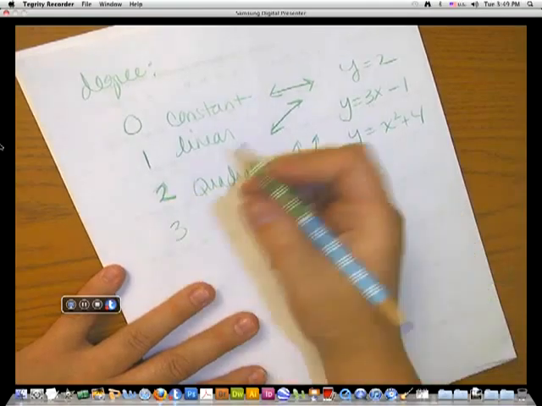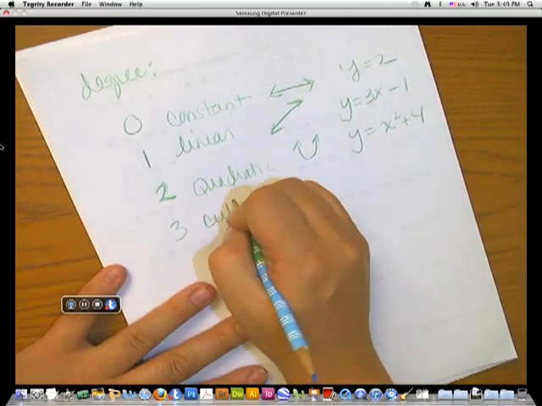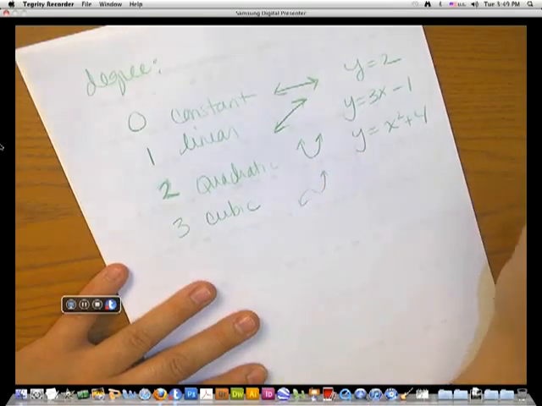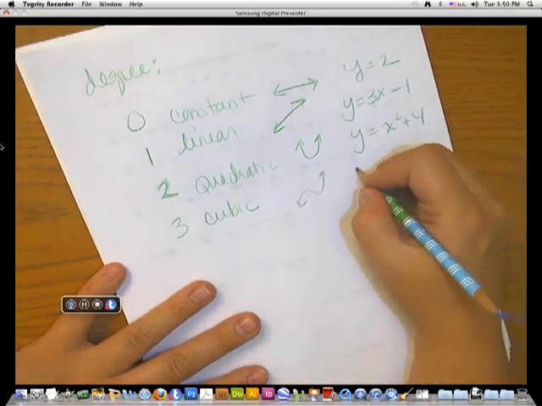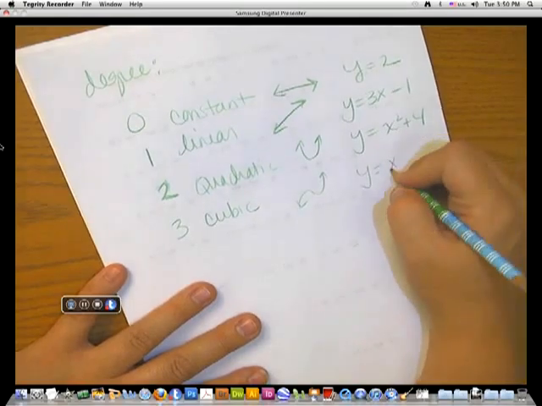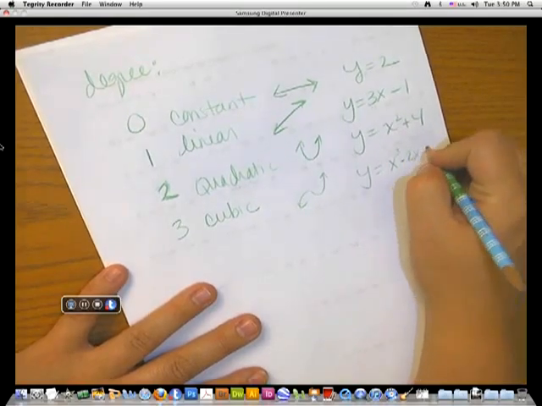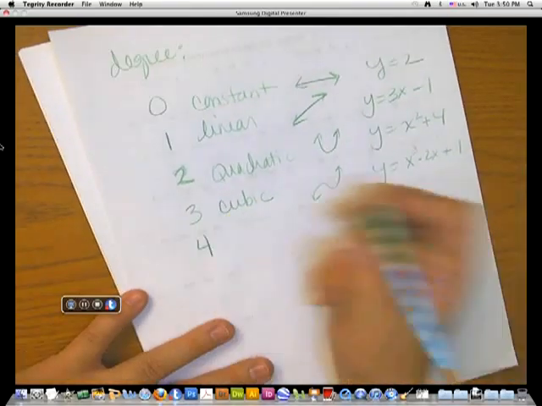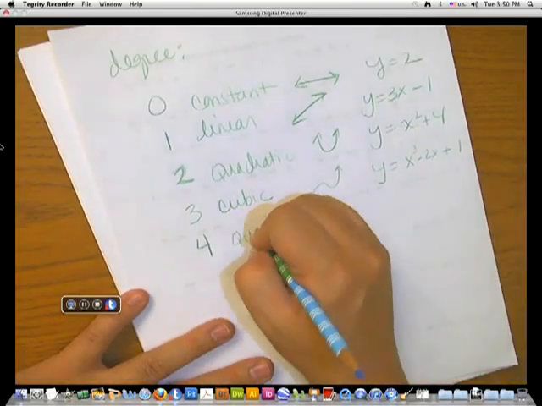If the degree is 3, we call that a cubic. It looks kind of swirly shaped. For example, y equals x cubed minus 2x plus 1. If the highest degree is 4, we call this a quartic.